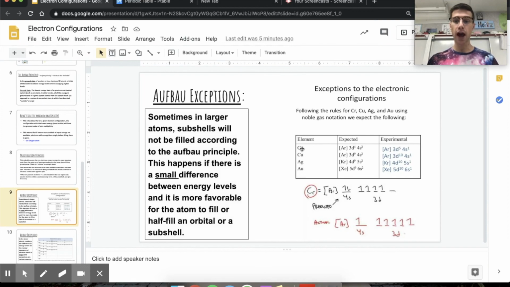So for these 4 atoms here, we find that the experimental distribution of the electrons does not match what we would expect in terms of how we would fill it in based on the ground state. But keep in mind, the only examples here all take one of the electrons from the s block, okay?